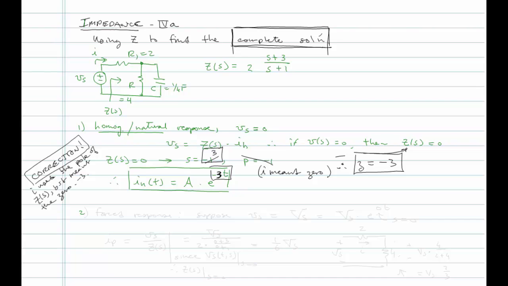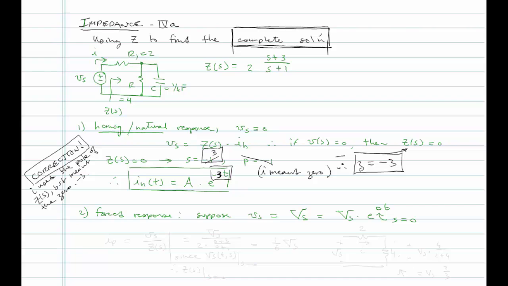Okay, so that's our homogeneous response. Now we want to find the forced response. Let's suppose that Vs is just some constant Vs. In other words, it's equal to a constant times e to the 0t, so s is equal to 0. Now we're going to have different s's that correspond to the homogeneous response and to the particular response.